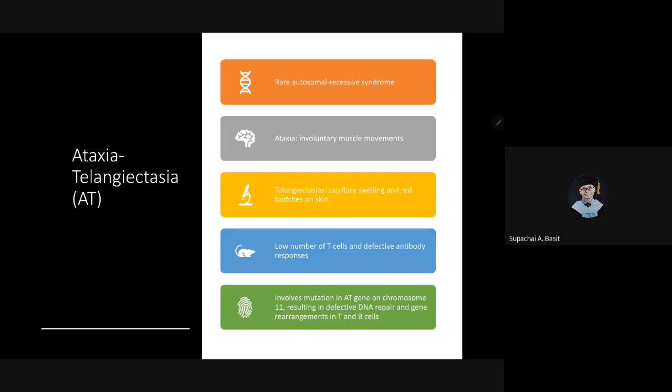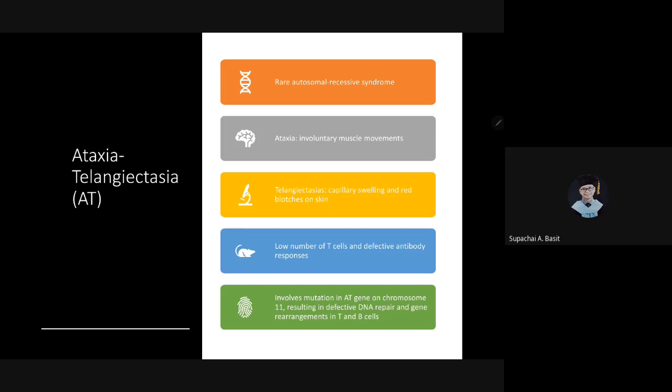And then ataxia telangiectasia is another example of a rare autosomal recessive disorder. Ataxia refers to involuntary muscle movement, while telangiectasia is a capillary swelling with red blotches on the skin.